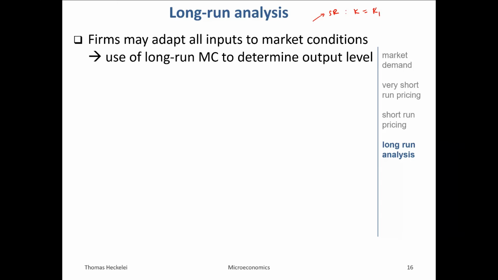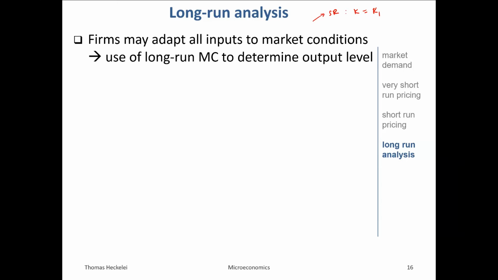So it's assumed that in the short run firms cannot change the degree of capital investment flexibly. Therefore, now we don't look at the short run marginal cost curve to determine the output level as we did before with the short run case anymore, but we have to look at the long run MC.